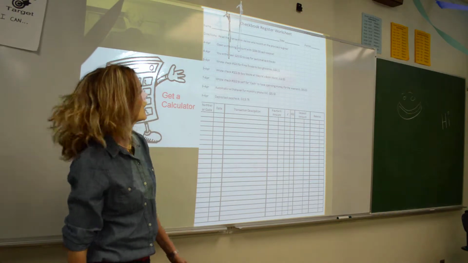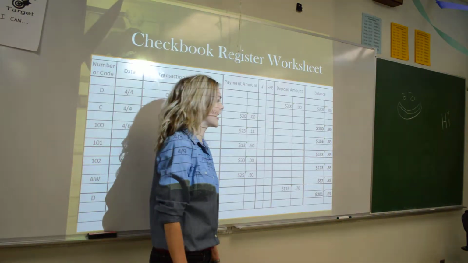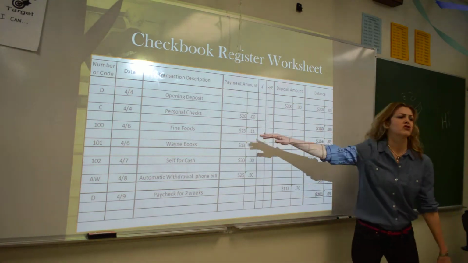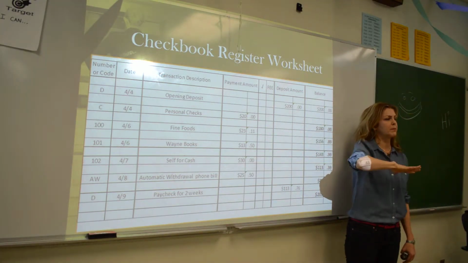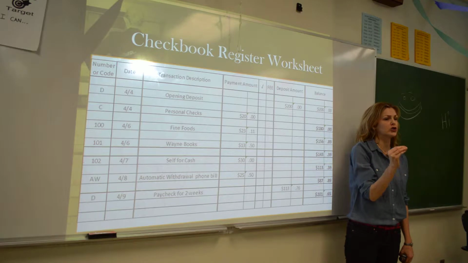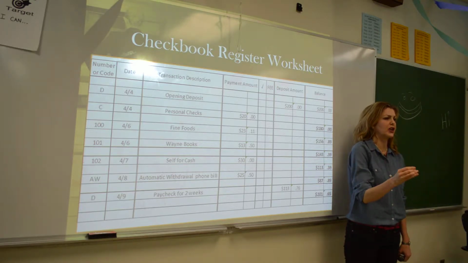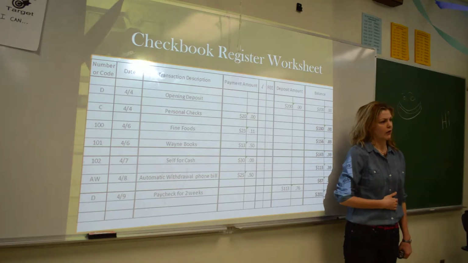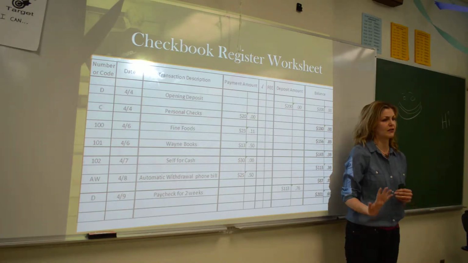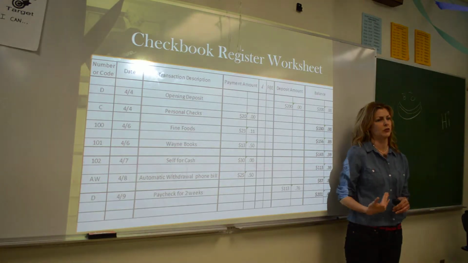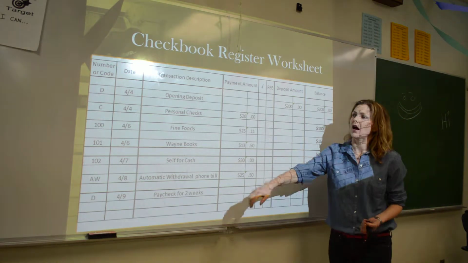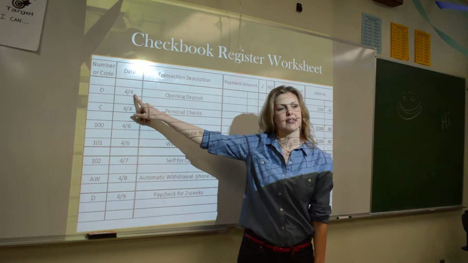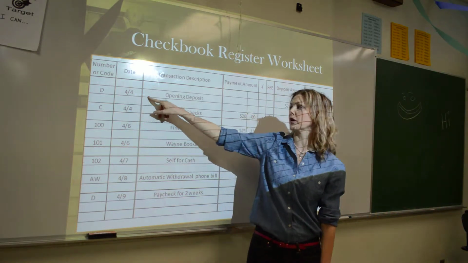All right. So here's the answer key. Just follow along with me and be patient. Remember, I encourage you to skip every other line. The students that skip every other line are the ones that seem to be far less confused when it comes to the addition and subtraction. All right, the very first thing that happened here is someone opened the checking account on February 4th.